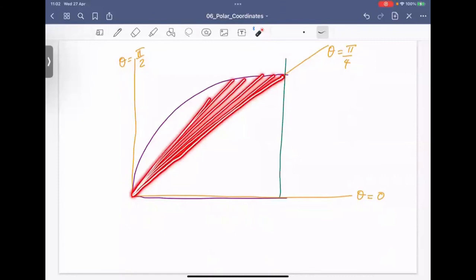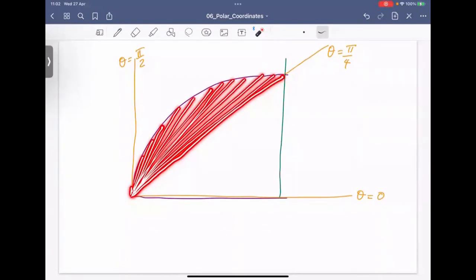If you keep doing it, you can see the length of the ray that you draw gets shorter each time, because as theta keeps getting close to pi over 2, the ray gets very small, very small. At the end, at pi over 2, it just stops.